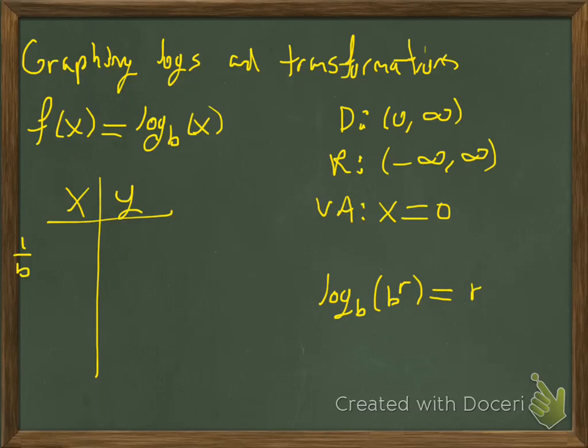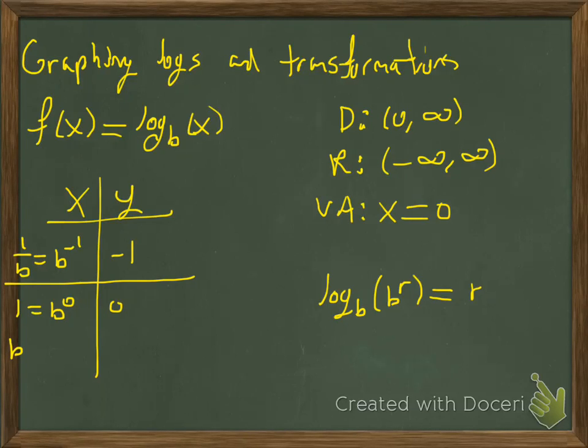And kind of the setup here is I'm going to use 3 points, and what is my asymptote? We can always graph more points if we need to. So we're going to do 1 over the base, which is base to the minus 1, and the logarithm is just going to give us the exponent here. Then 1 is b to the 0 power, and we're going to get the exponent when we plug it into log.